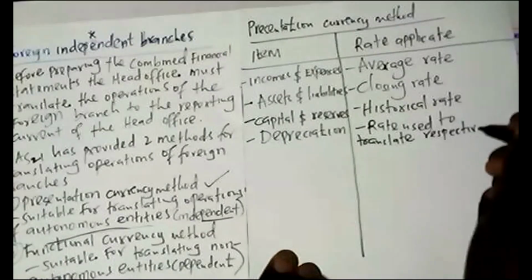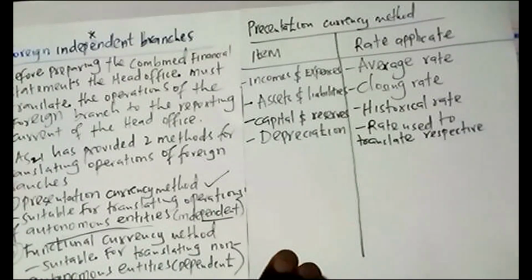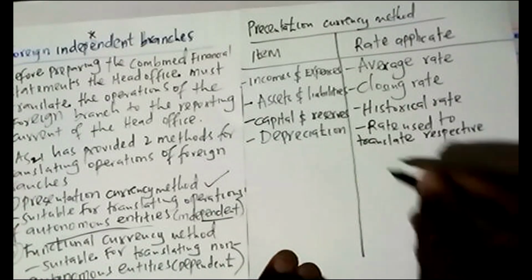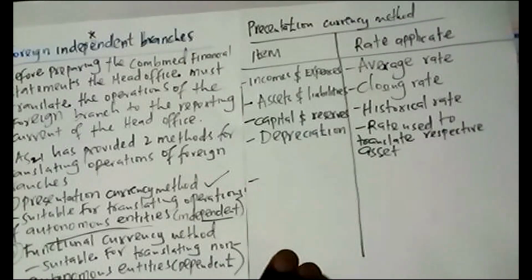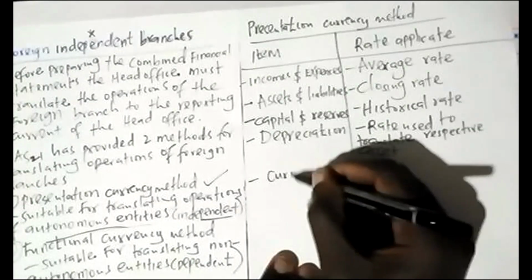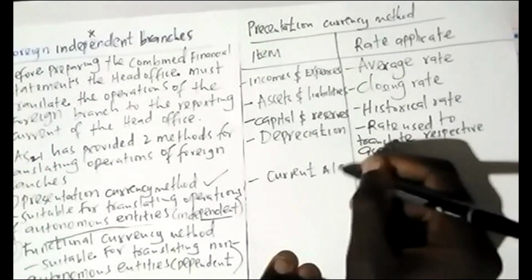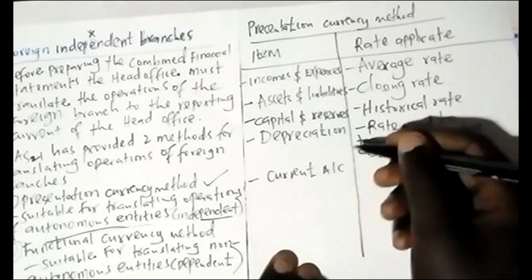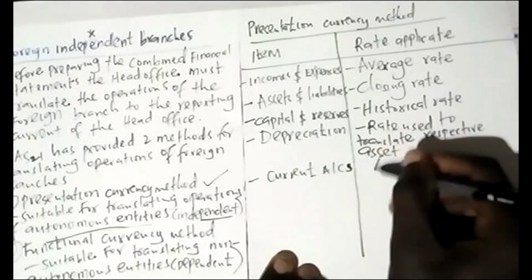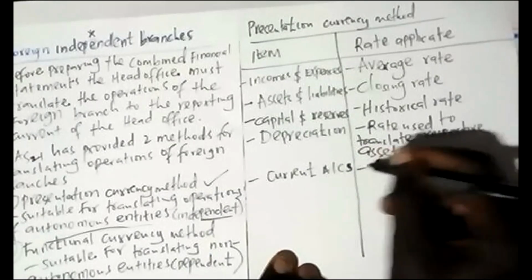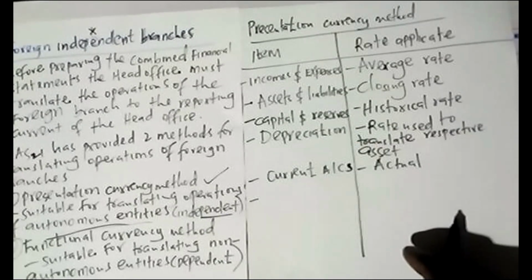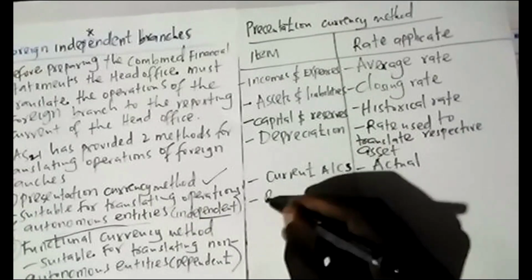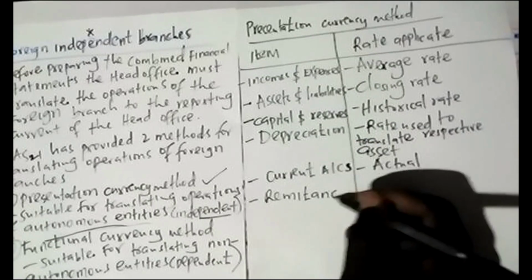The way you translate the respective asset, the relevant depreciation you translate at the same rate. Then, not finally, current accounts, you go with the actual. I will show you what actual means when I do it practically. Then we have remittance. Remittance, again, you go with the actual.